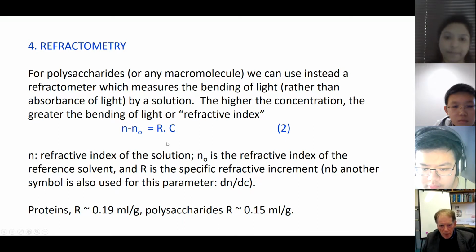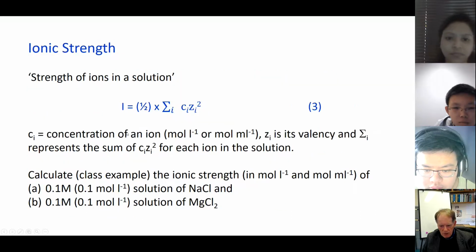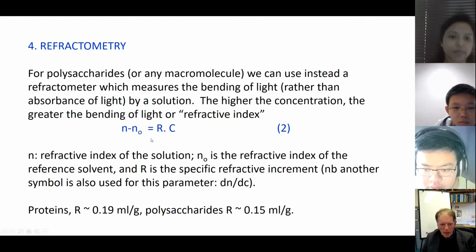So we have a very similar equation to the Lambert-Beer equation for absorption, as follows: N minus N0 equals R times C, where C is the concentration again, the weight concentration. N is the refractive index of the solution.